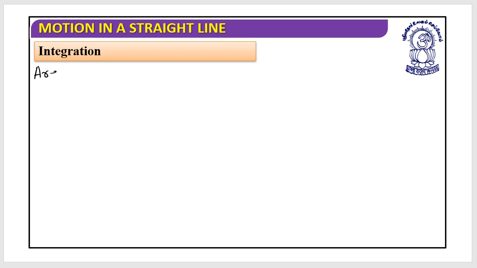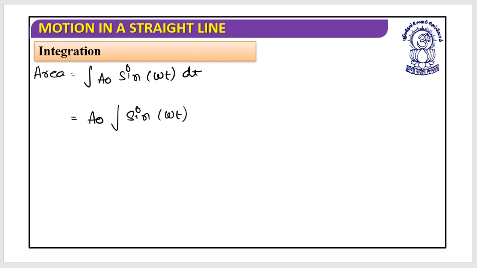Yes, let's begin. Area would be the integration of a naught sine omega t dt. If I put a naught aside, this is a naught times the integration of sine omega t. What is it? Yes, it is minus cos omega t, and do not forget to divide by omega.